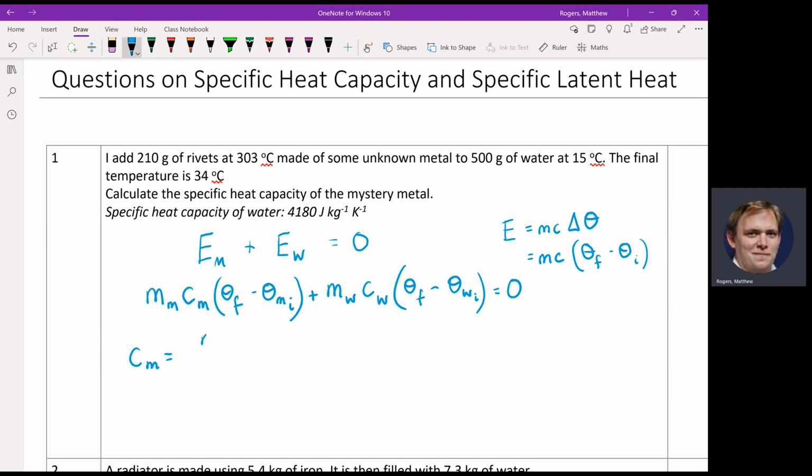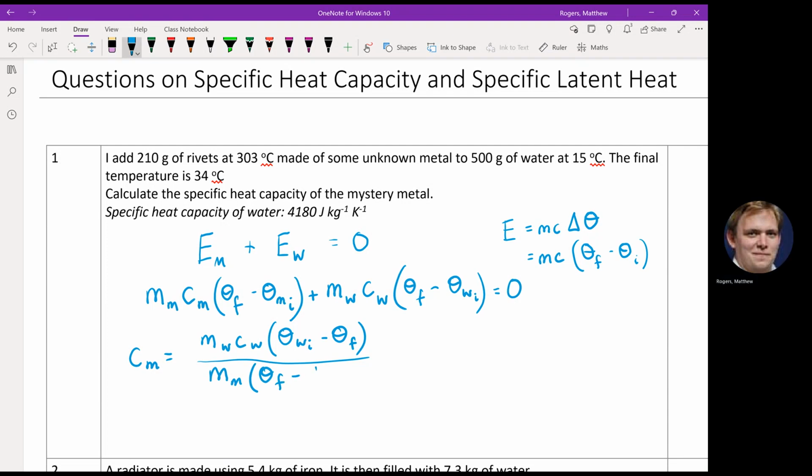So this is MW CW times theta Wi minus theta F. And then I need to divide by the terms that I had on the right multiplying Cm. So that's the mass of the metal multiplied by theta F minus theta Mi.